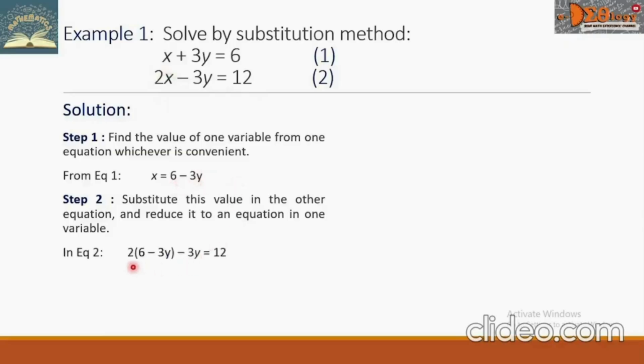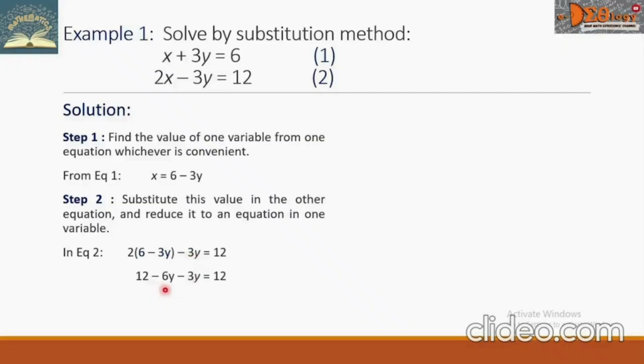So it becomes 2 times 6 minus 3y, then minus 3y equals 12. Simplifying, this 2 multiplied to 6 becomes 12. 2 times negative 3y is negative 6y. Then we copy this negative 3y equals 12.